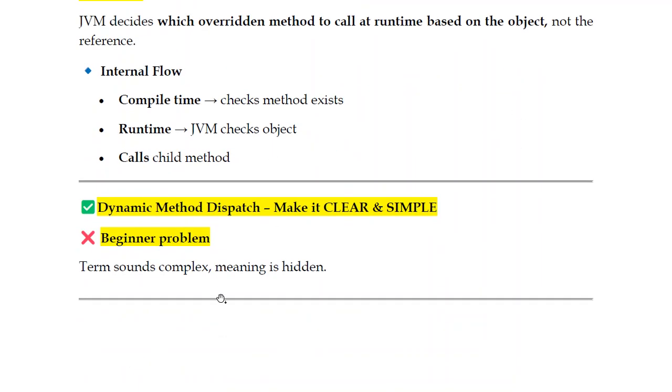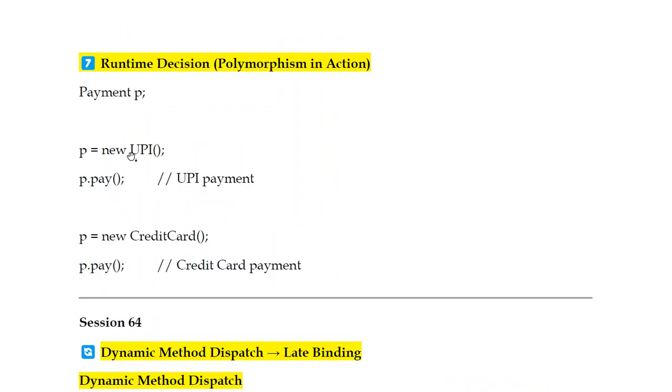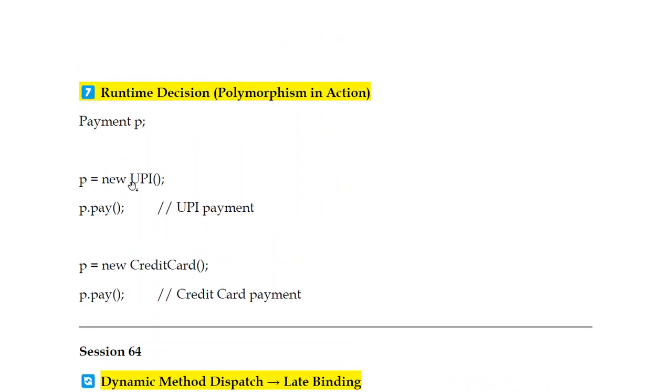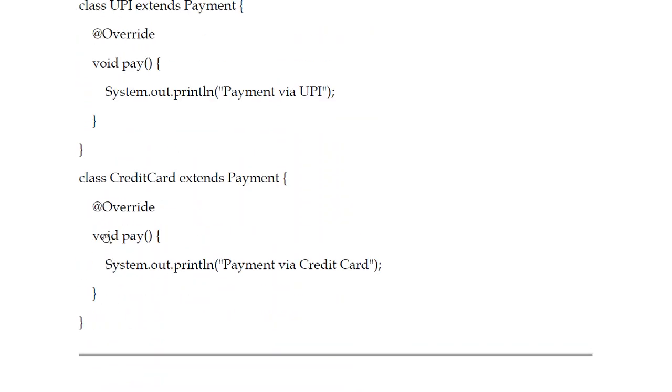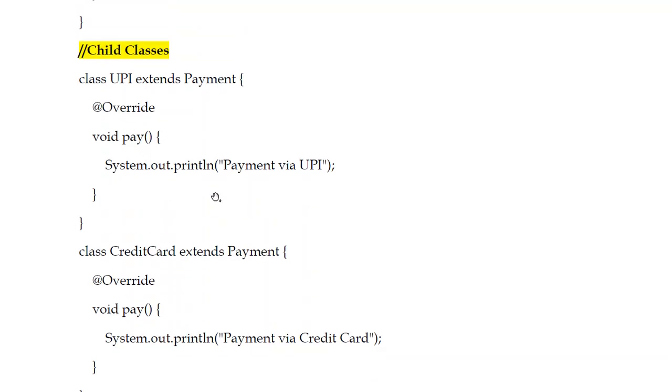In the previous example we discussed, at runtime the UPI object will be created, and at that time the UPI class pay method will be executed. At the time of object creation, this method will be invoked at runtime only. The JVM will decide which overridden method to call, because these are the overridden methods.